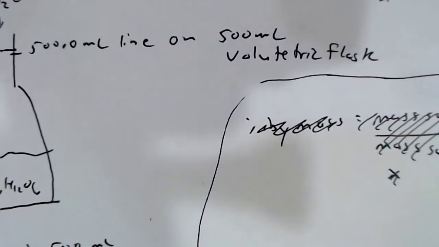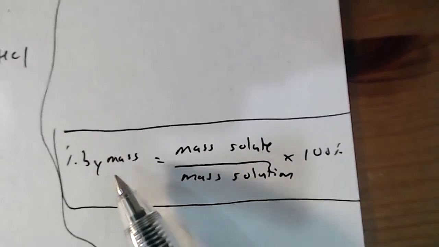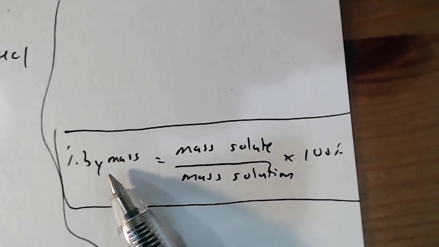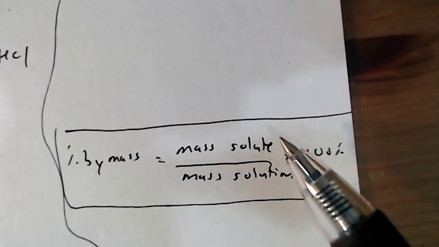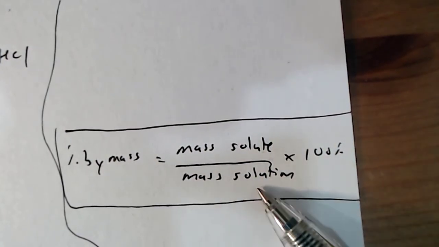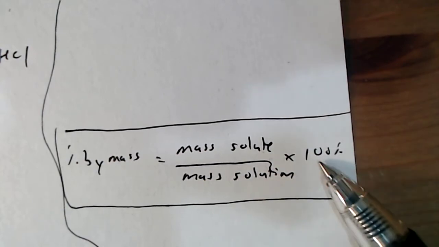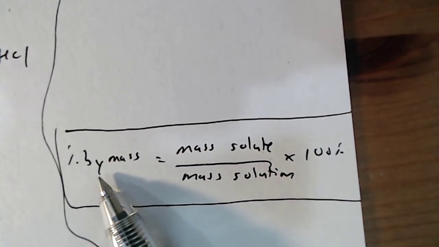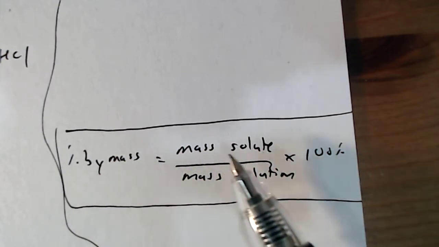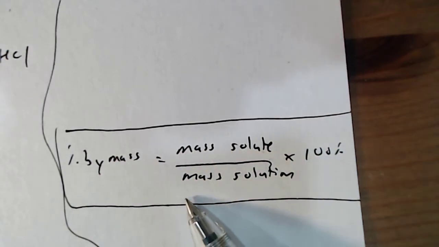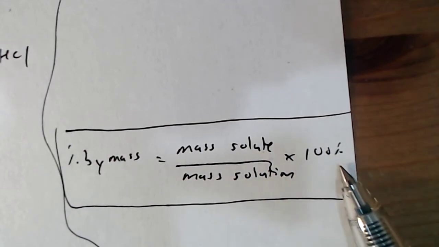And then just finally, we're not going to talk much about this right now, but just like this is the equation, percent by mass of a compound might be the mass of an element divided by the mass of the entire compound times 100%. Or, relevant to now, percent by mass of a solution would be the mass of the solute over the mass of the solution times 100%.